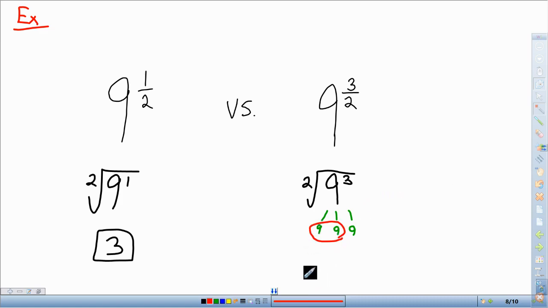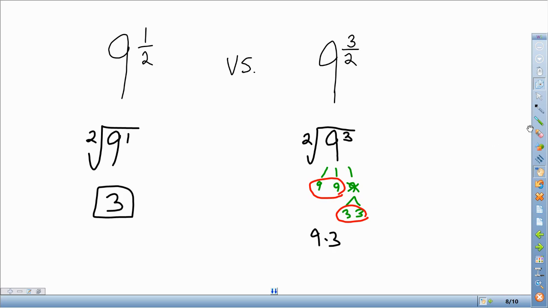Let's go ahead and circle. But this 9 doesn't pair up. The question is, can it be broken down any farther? Yeah, a 9 can be broken down to a 3 times 3. Cross it out. So it actually looks like we have another pair of numbers. A 3 is coming out of this thing, and it looks like nothing's left over. So we're getting 9 times 3. So ultimately this one is going to be a 27.